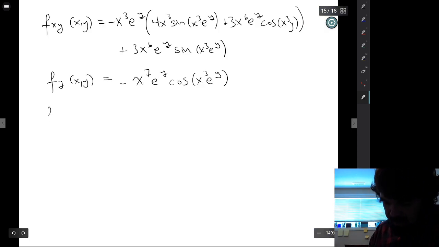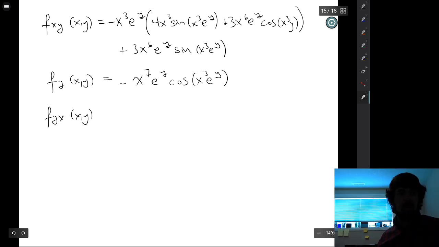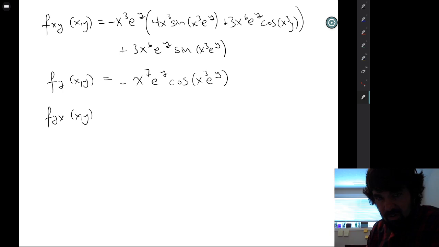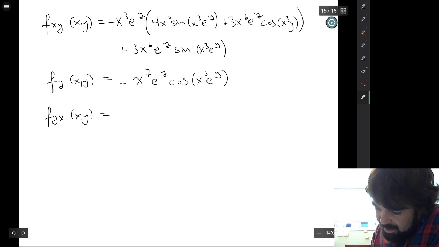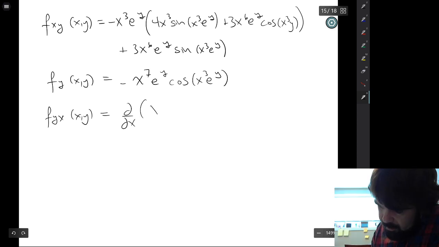So now let's try this one, f_yx. After this, I'm moving on, right? Yeah, there's two other mixed partials, but like it's awful. It's really awful. So now what I'm going to do is I'm going to do the x derivative of this.